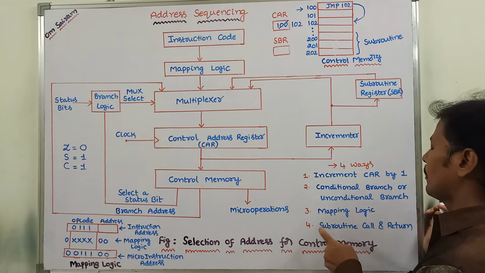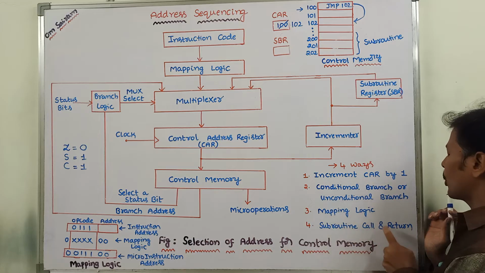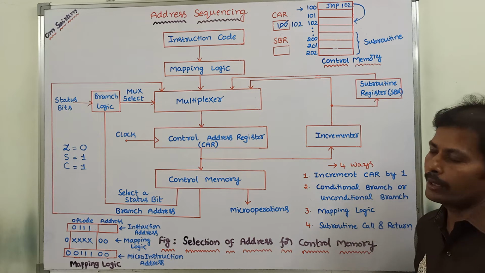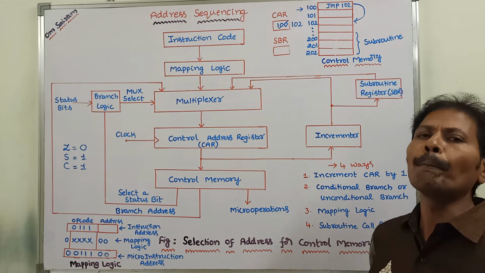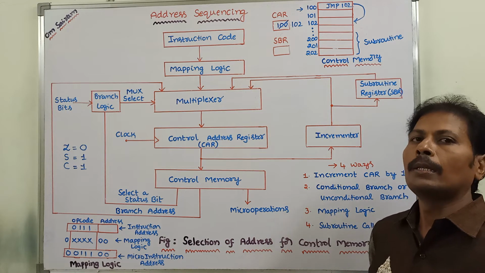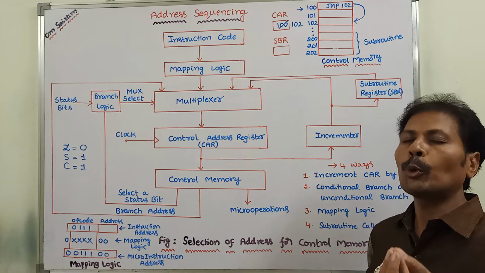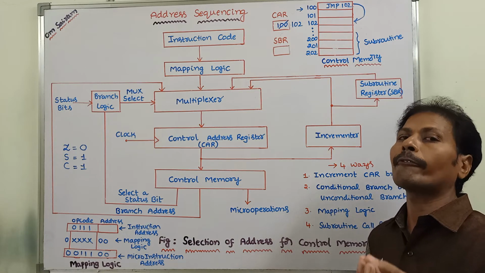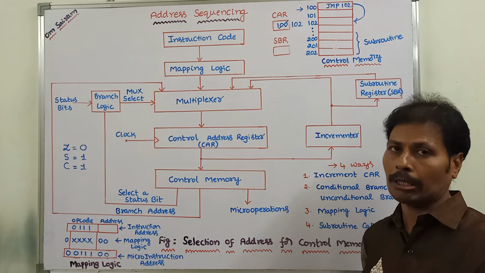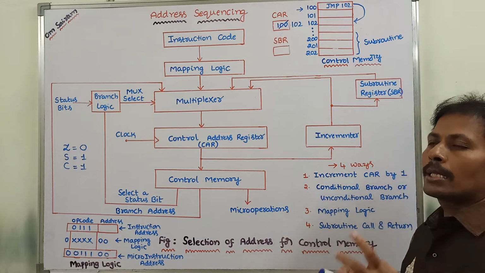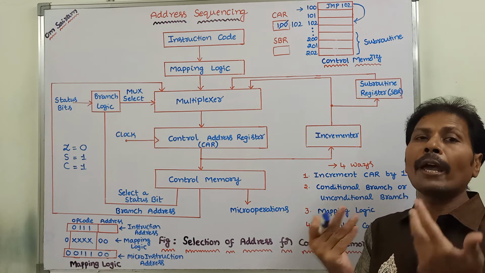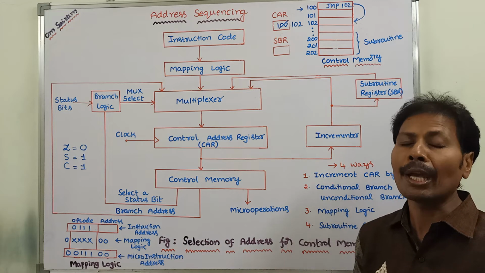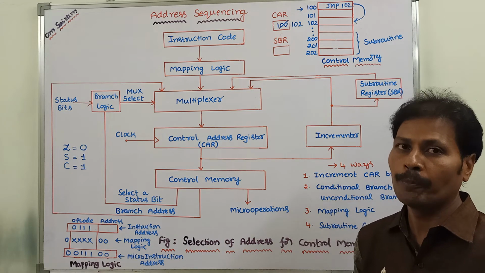And the fourth one is subroutine call and return. Subroutines are nothing but simple programs. These programs are used for performing a particular task. Subroutines can be called anywhere in the main body of the microprogram.